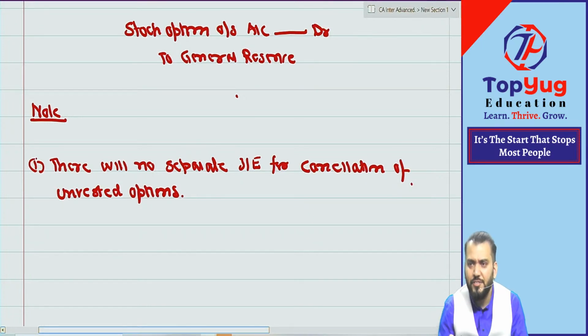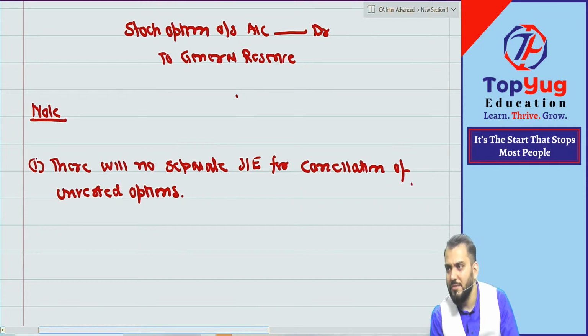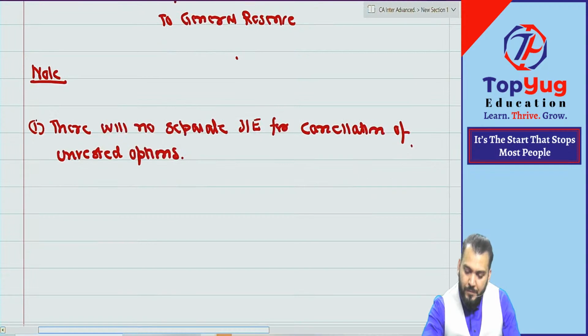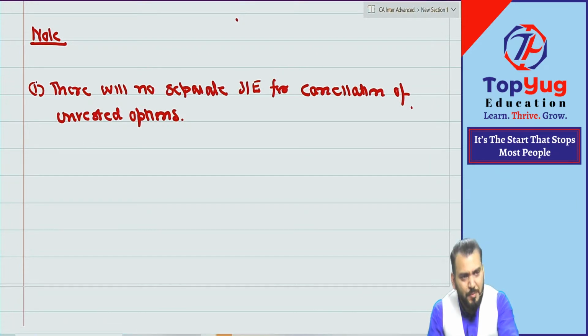Have you understood this sentence? English you have understood. Logic have you understood? We have realized expense of vested option. Correct.